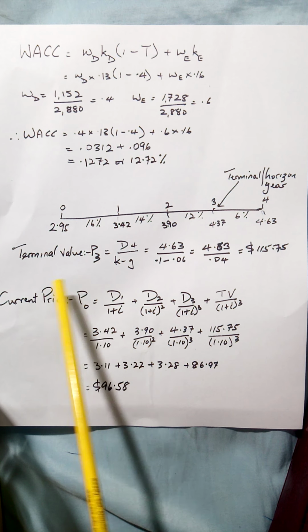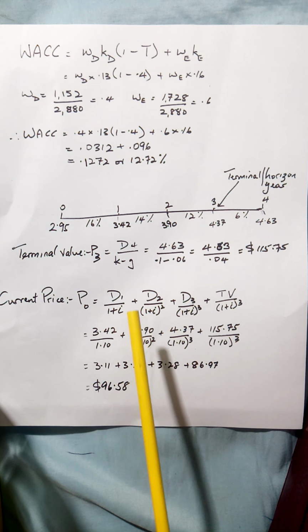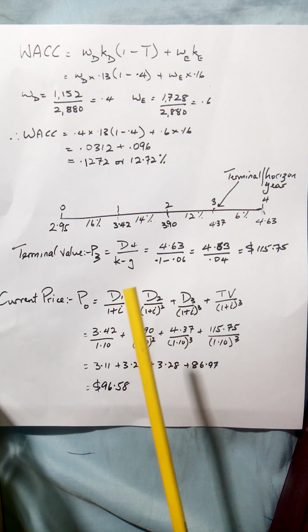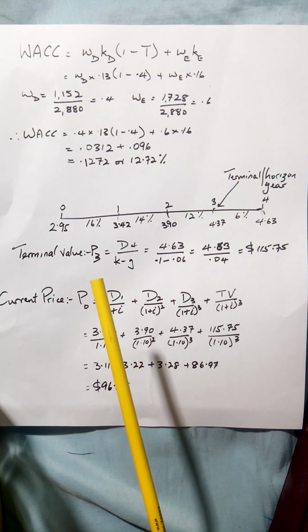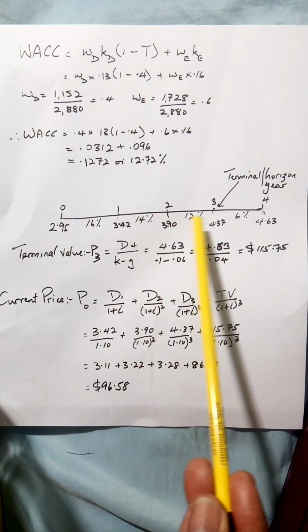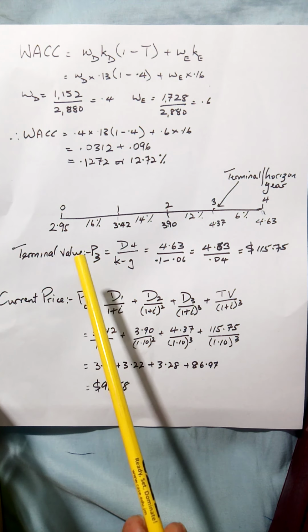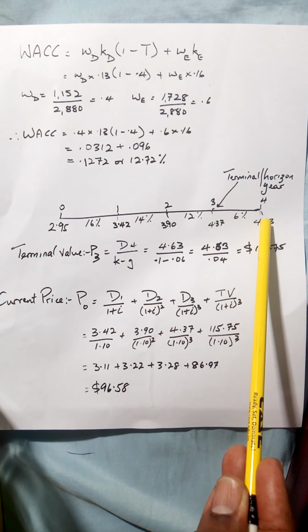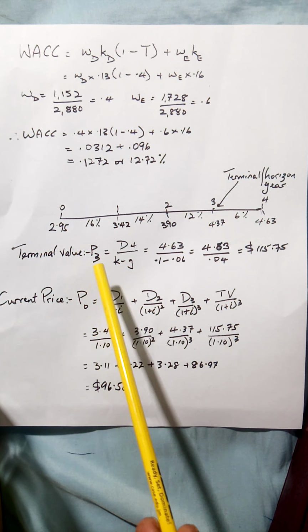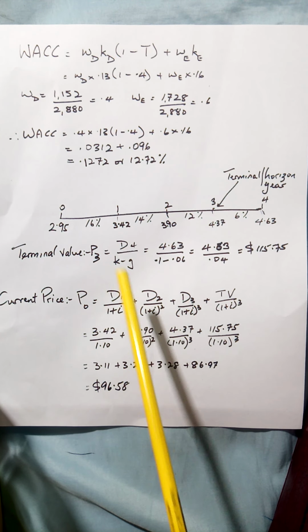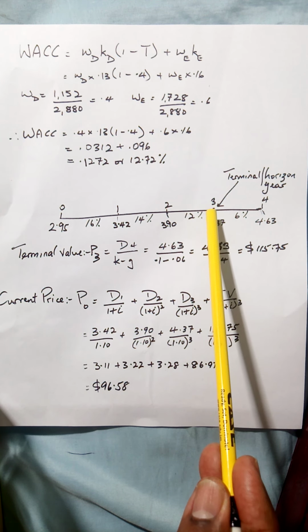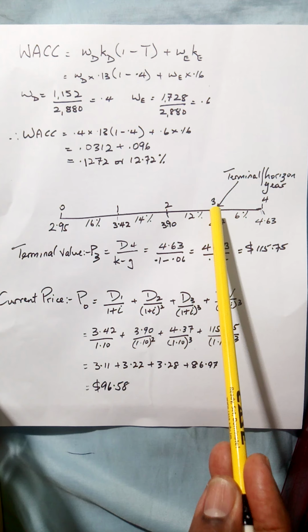But of course, it is the constant growth equation, and it only applies where growth is constant. And in our particular problem here before us, growth is only constant from year 3 onwards. So the general equation P0 equal D1 over K minus G becomes P3 because that's where constant growth starts.